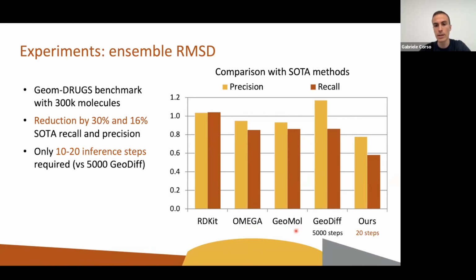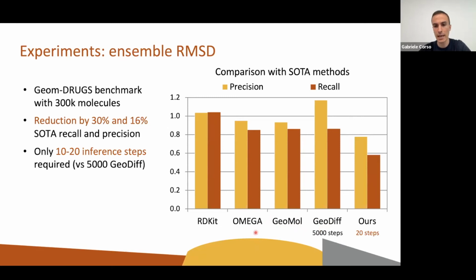So GeoMol from Octavian and Lucky at NeurIPS last year, and GeoDiff from Minkai Xu et al. at ICLR. So GeoMol is sort of more similar in its method to the cheminformatics approaches of RDKit and Omega. GeoDiff, as I mentioned, is an Euclidean diffusion approach.